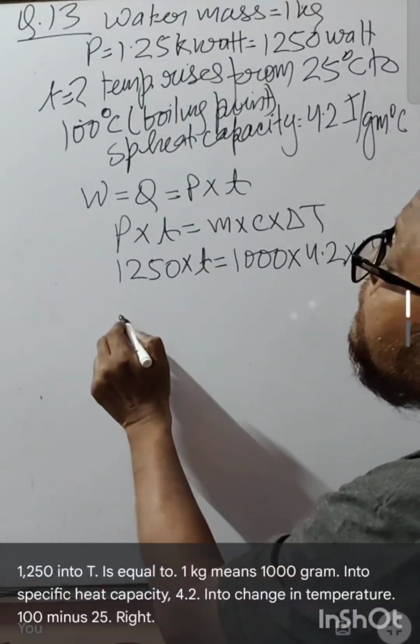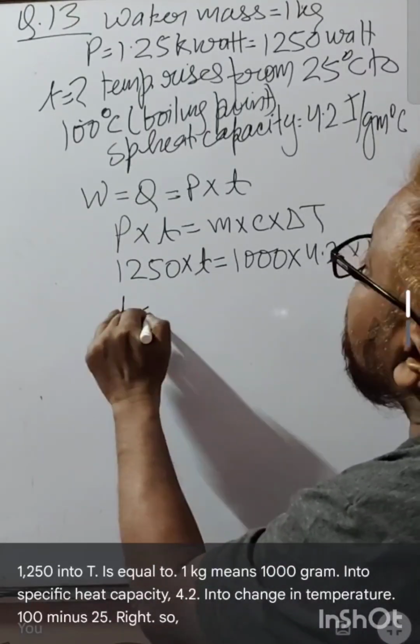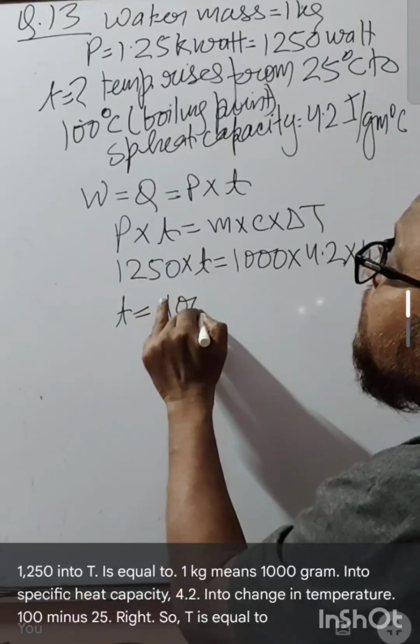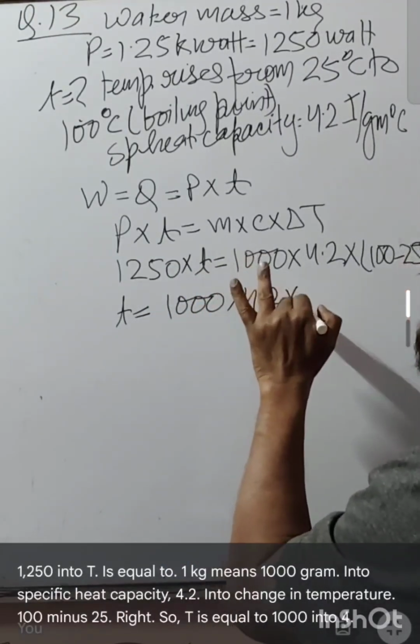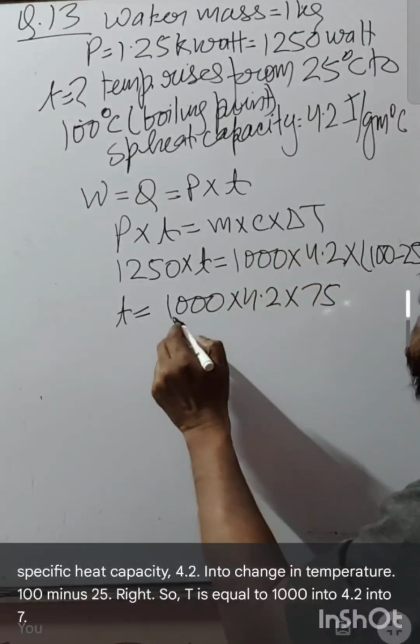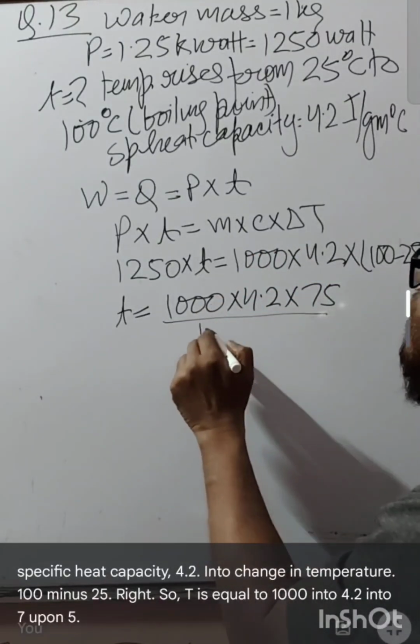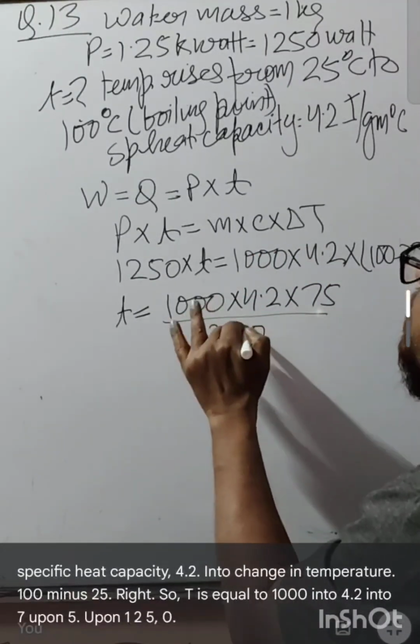Right? So T is equal to 1000 into 4.2 into 75 upon 1250.